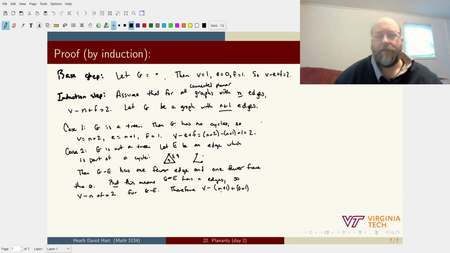G has one extra edge and one extra face. So we have subtracted 1 and we've added 1. That didn't change the total. So this is also equal to 2 for G.